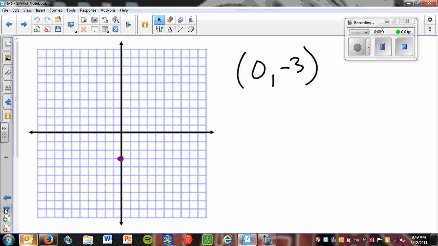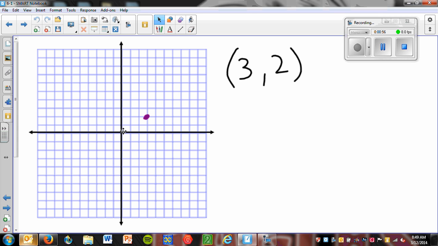So here we go. First thing we need to do, I just need to make sure that y'all remember how to find a point on a graph. So this point here is 0, because x is 0, and down 3 on my y-axis, so my y is -3. Here I have x is 1, 2, 3, 4, 5 over, and we don't go up or down any, so there's that one.